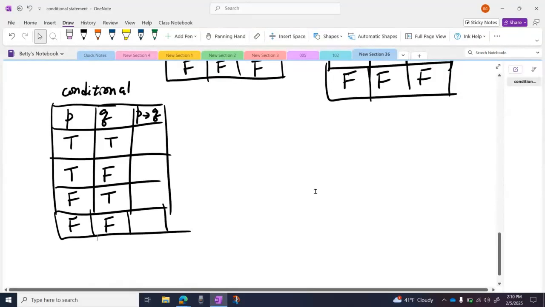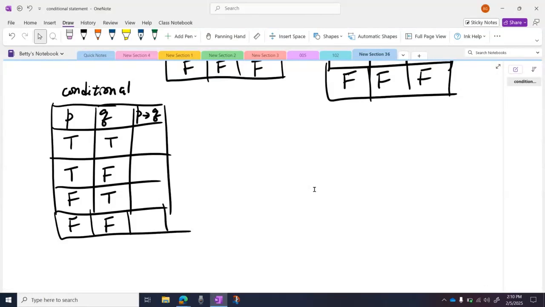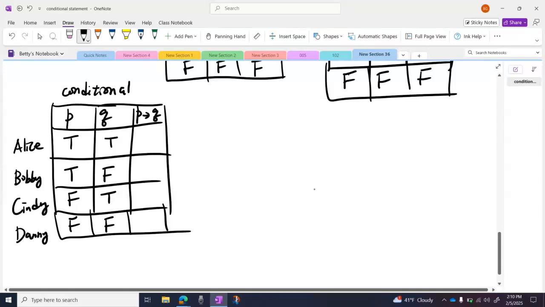Okay, we have the 4 cases. We have 10 minutes, so I'm going to hurry a little bit. Alice, Bobby, Cindy, Danny. I'm going to use an example to help us complete the truth table for a conditional statement, P implies Q, or if P, then Q.